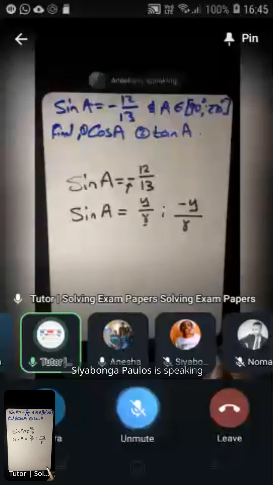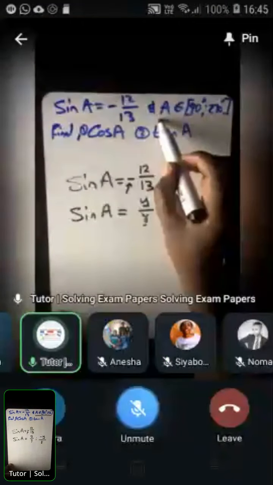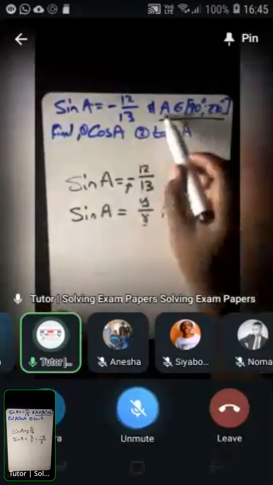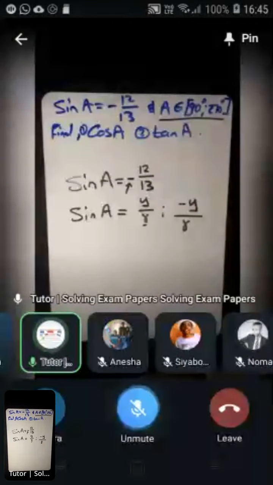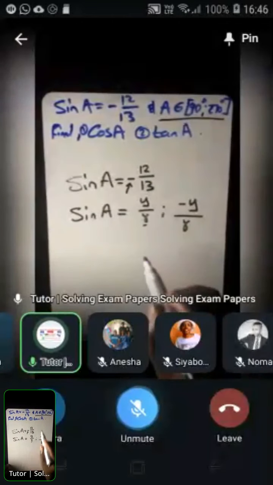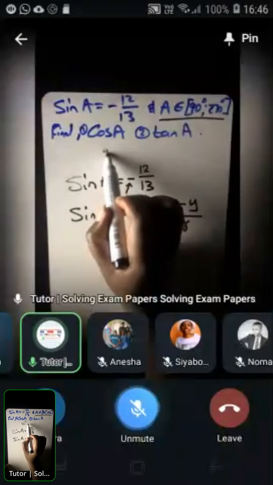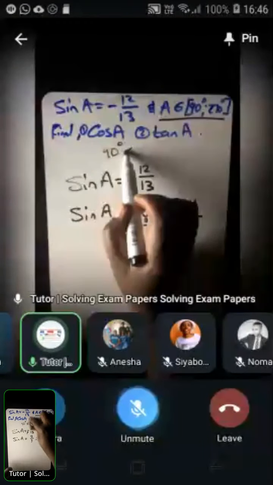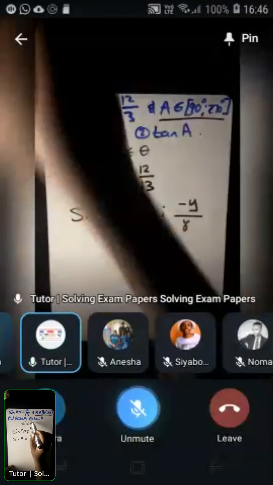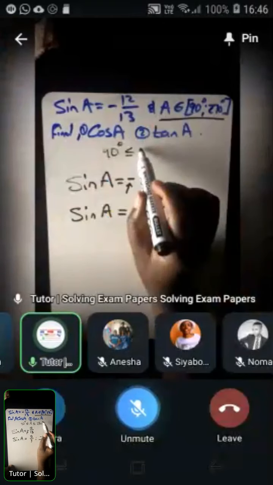Yes, sir. Okay, so again, you need that statement. This statement helps you to know under which quadrant your angle falls. So in that case, I won't use theta, but I'm going to use A because the angle is called angle A, which is between 90 and 270 degrees.